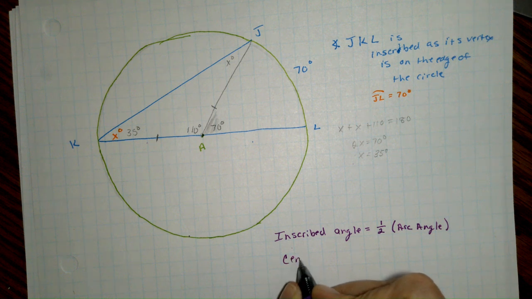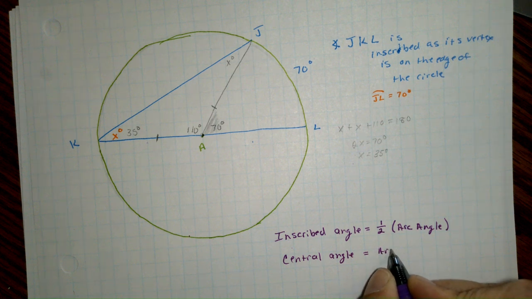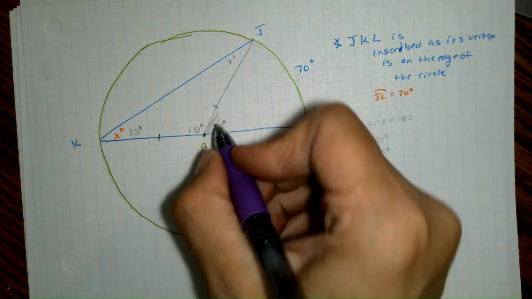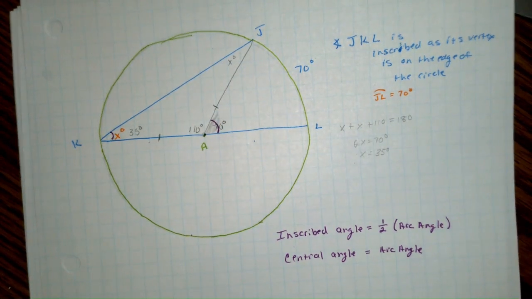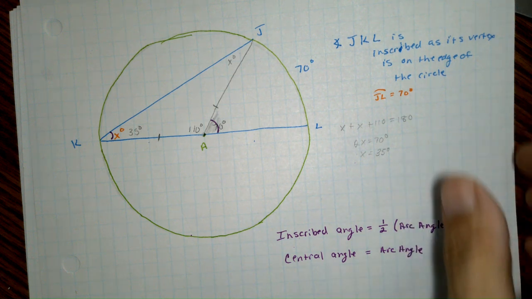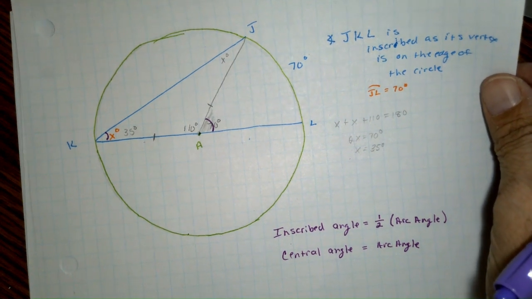Remember, the central angle equals the arc angle. Plus, we can visually see that this angle right here compared to this angle right here, they just can't be the same. So we're still connecting to J and L in both of those, but K kind of. So that was using the diameter as one leg.